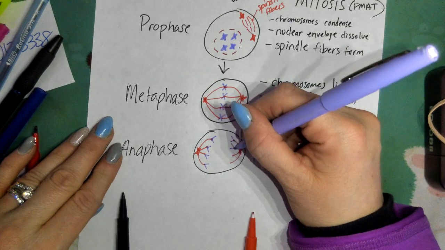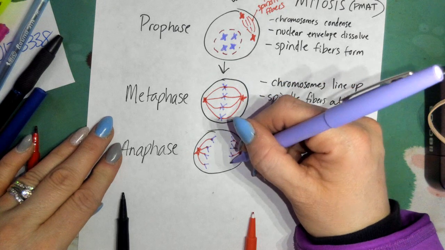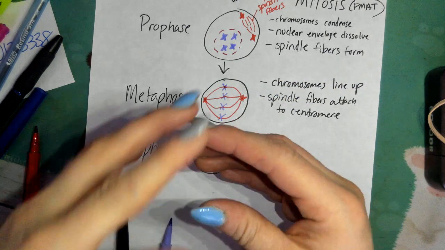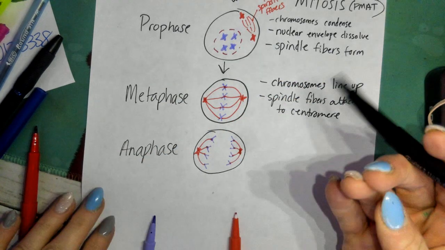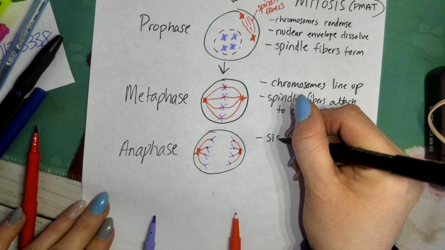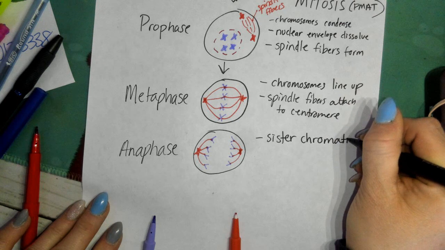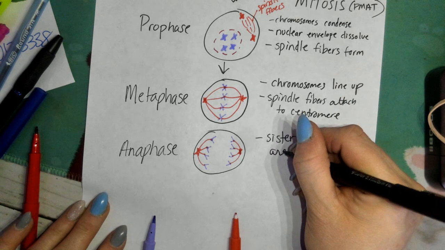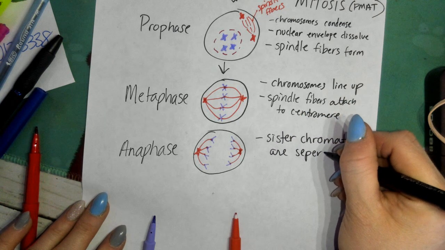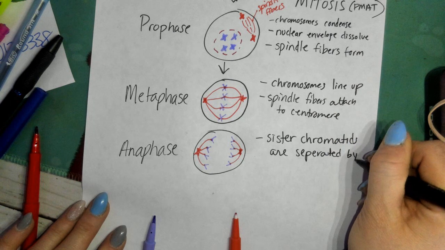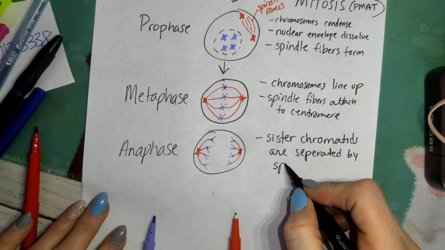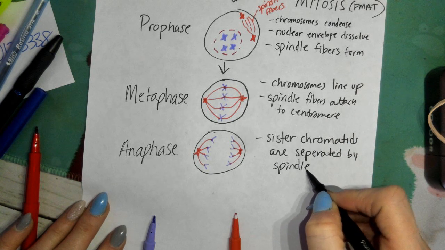So that's why they're kind of shaped this way, because before they're shaped the other way, and they're being pulled apart from each other. So the sister chromatids are separated by spindle fibers.